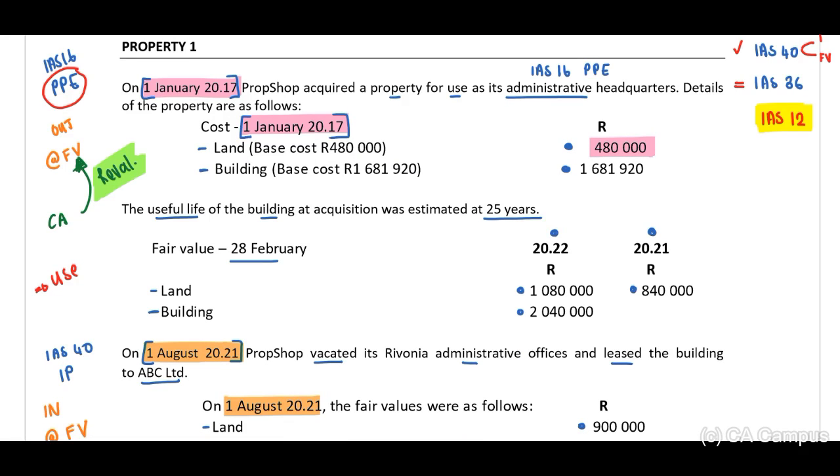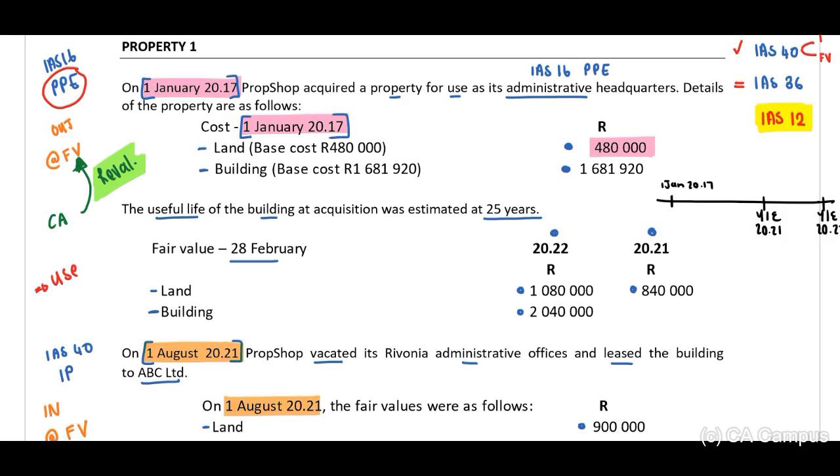And then at the end of 2021, if you think about a timeline, we have 1 January 2017, our year end 2021, February year end, and then 2022, February year end.